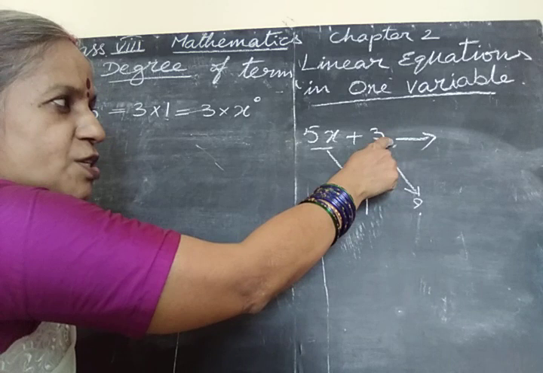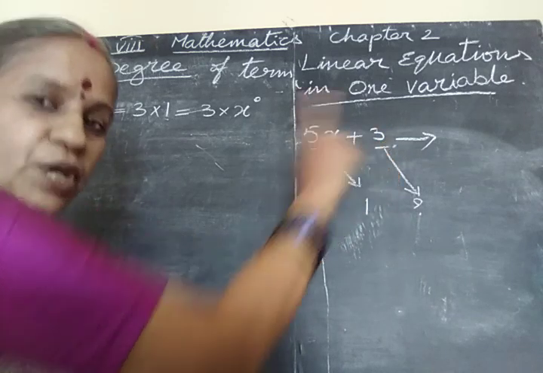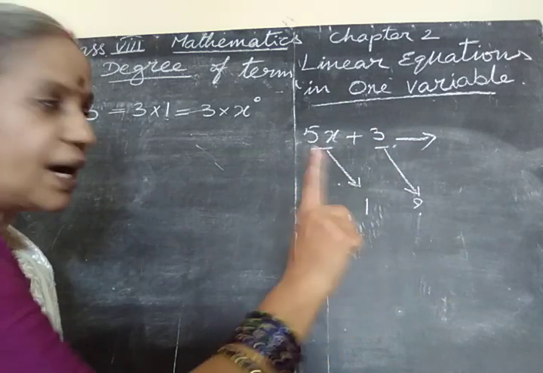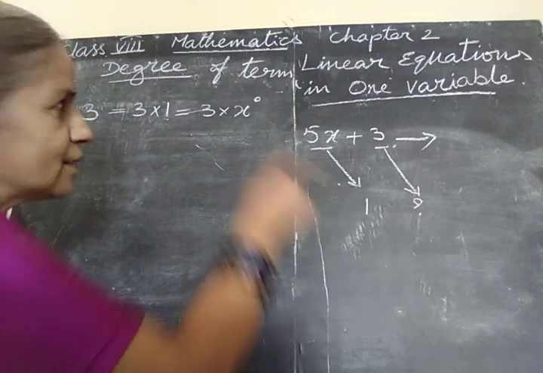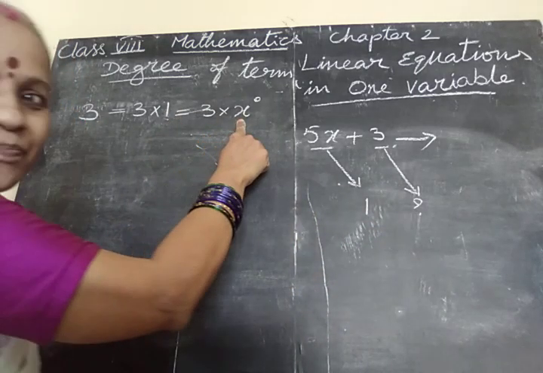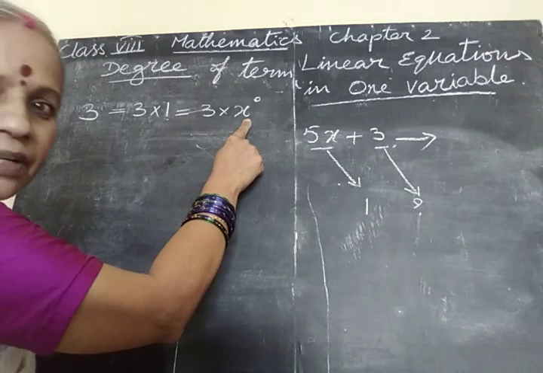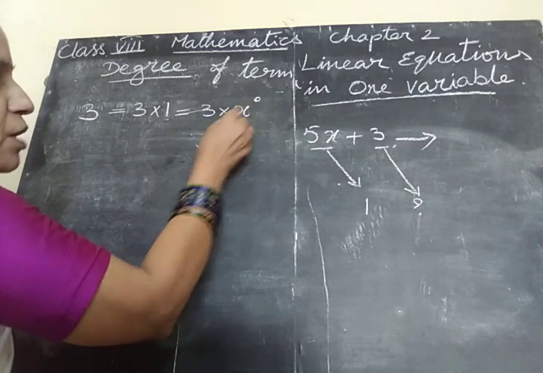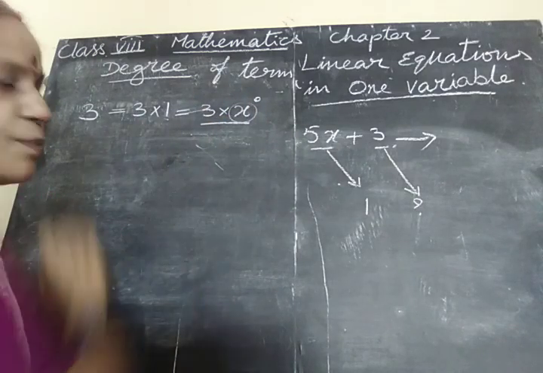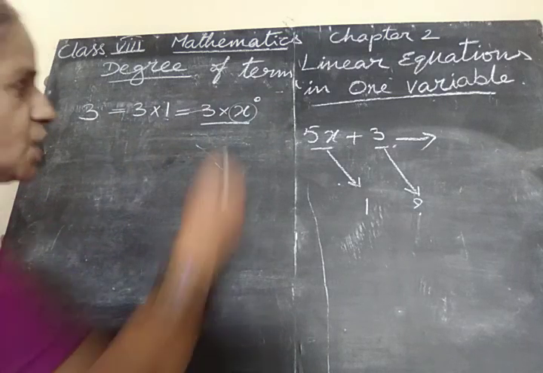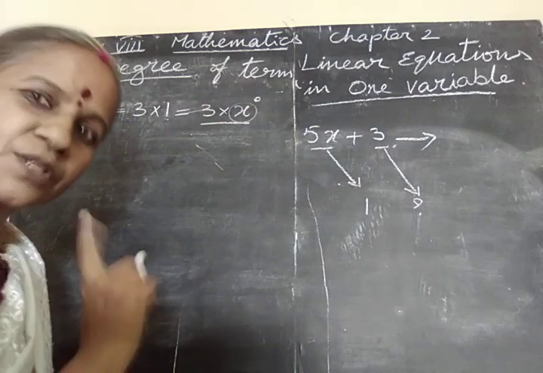Here there is no variable, only the constant. But we can write it with a variable also. So 3 is 3 into x power 0. Now you got the variable. What is the exponent of the variable? 0.